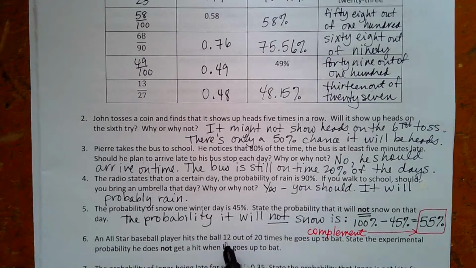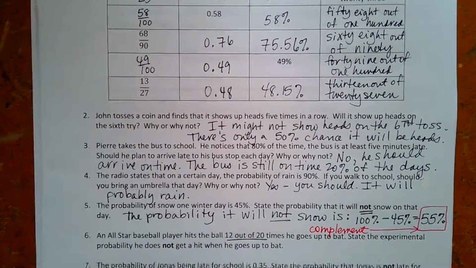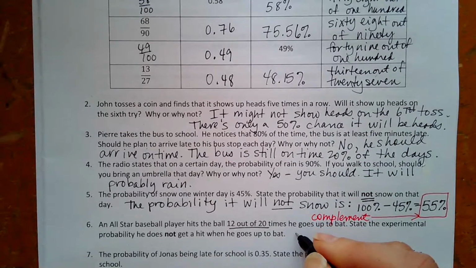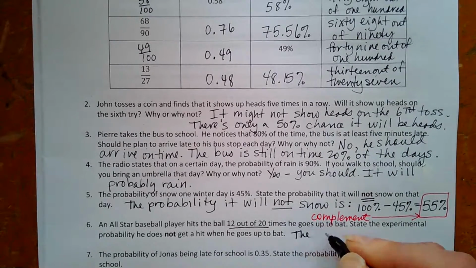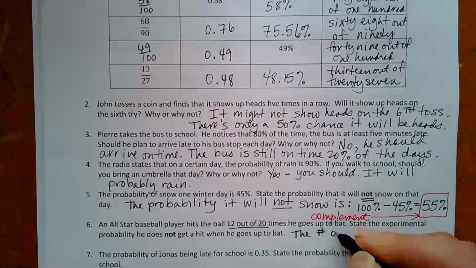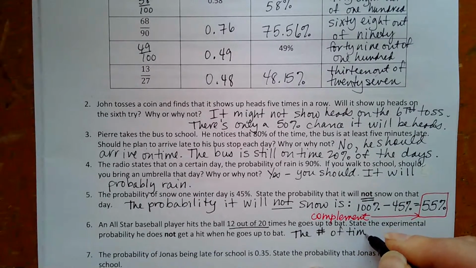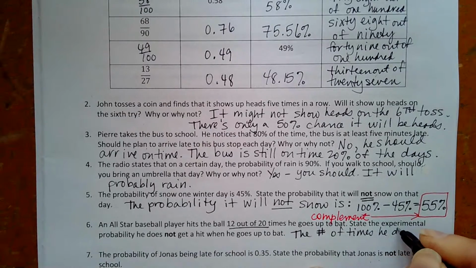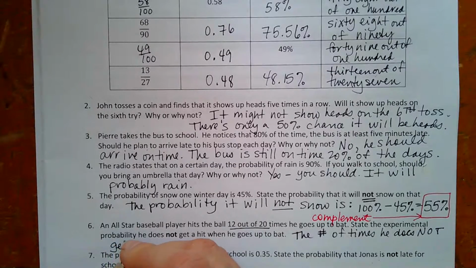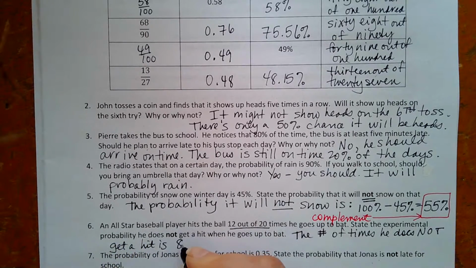So this is the experimental probability he gets a hit. So the number of times he does not, so again, this is the complement they're asking for, get a hit, is 8.